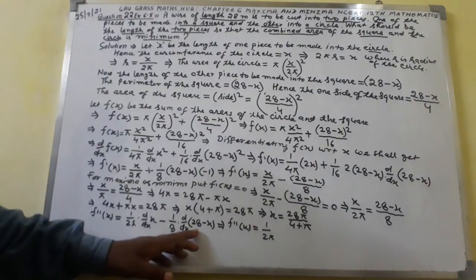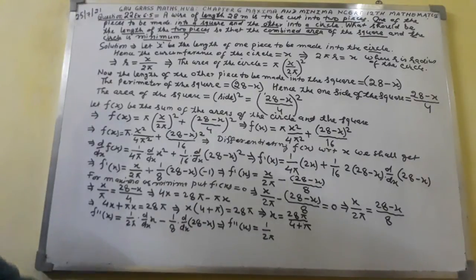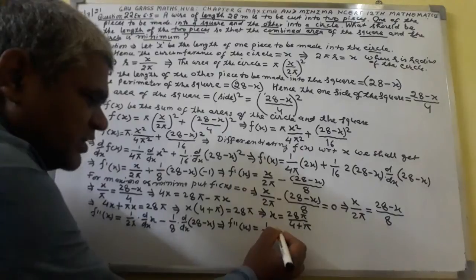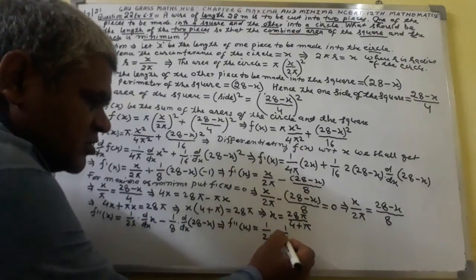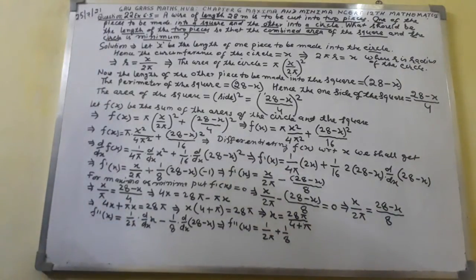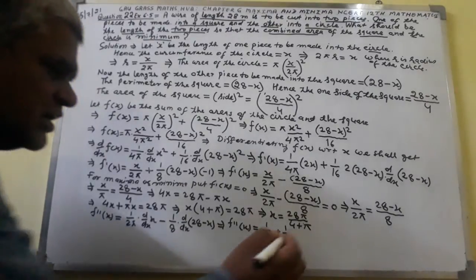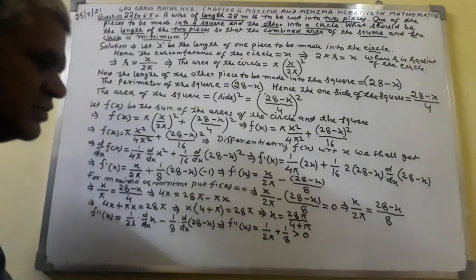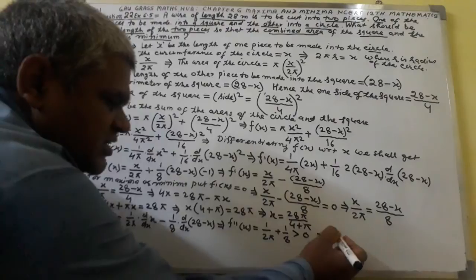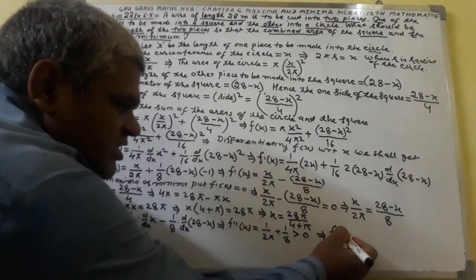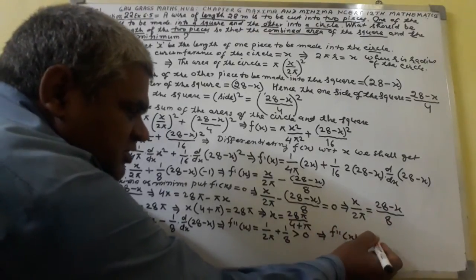Here d over dx of (28 minus x) comes out to be minus 1. Minus 1 times minus you will get here plus 1 over 8. So you have got here greater than 0. So here I shall write implied that f double dash of x is greater than 0.